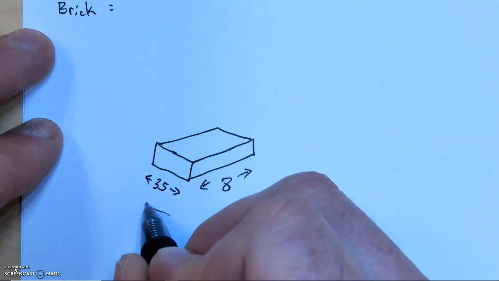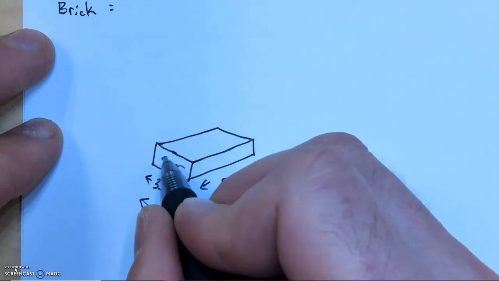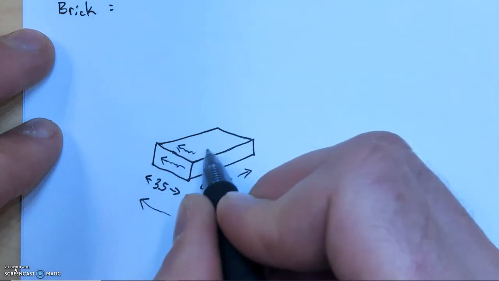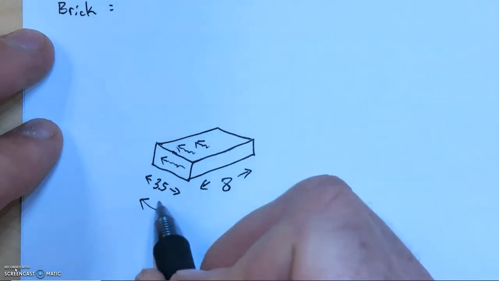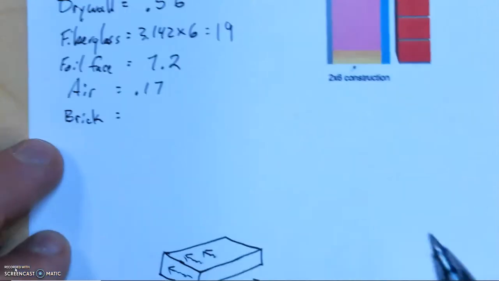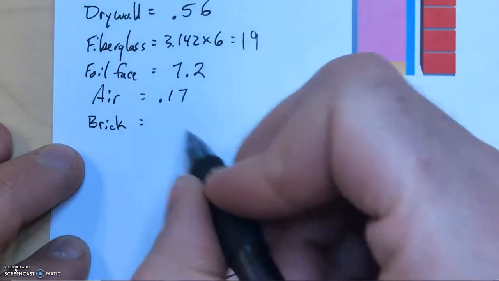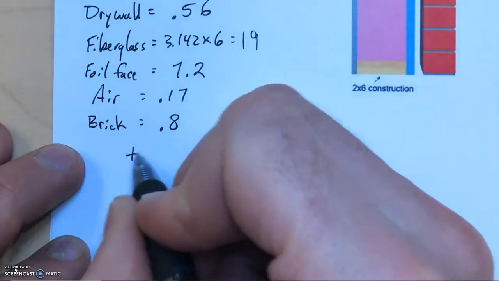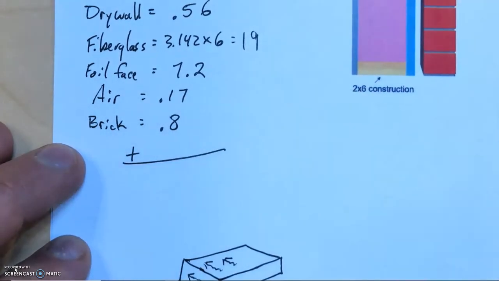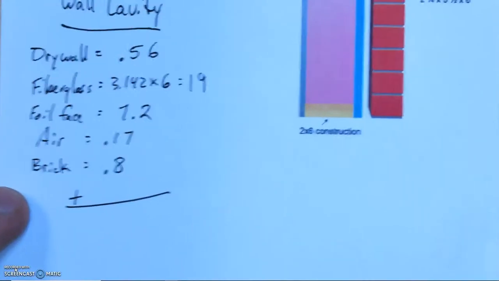This is the direction that the energy is going to go through to get through the brick. All right, so that's how you figure that out. So we're just going to use a brick that's 4 inches, and that's going to be 0.8. Okay, all you got to do, add those together, and that's going to give you your R value. So add all those numbers together.